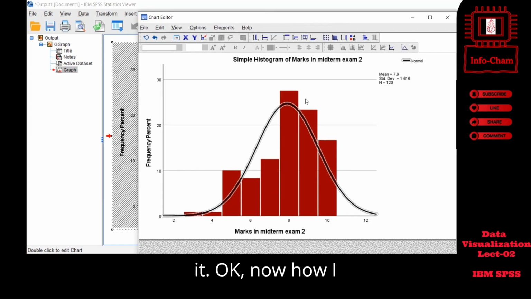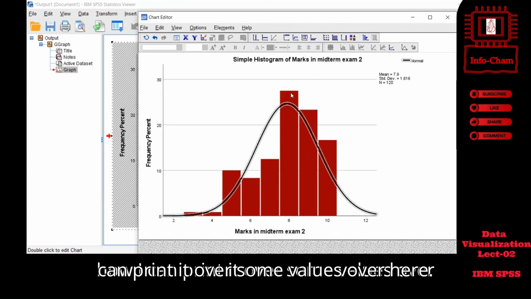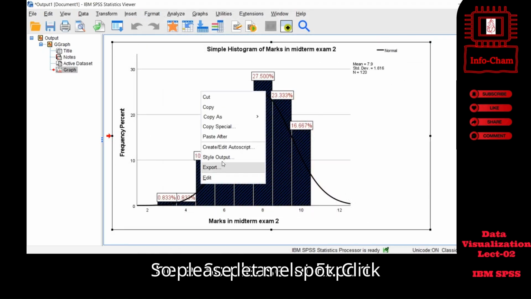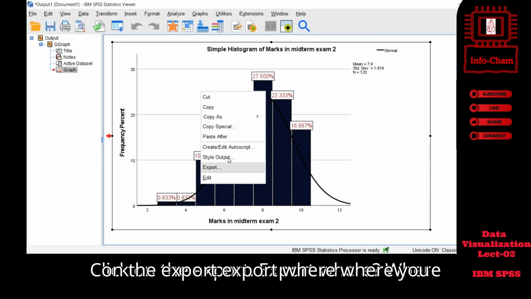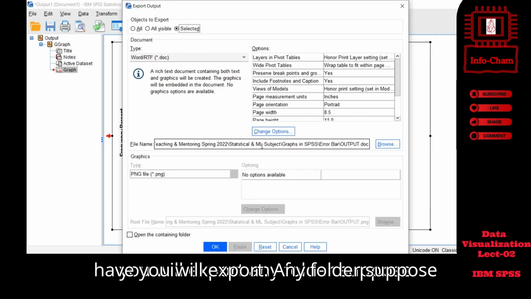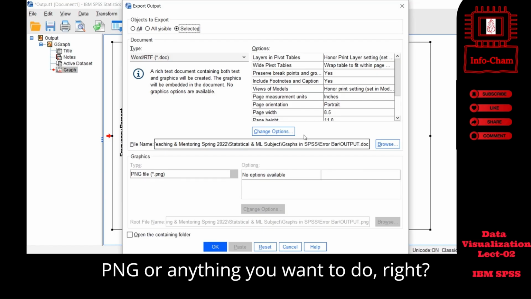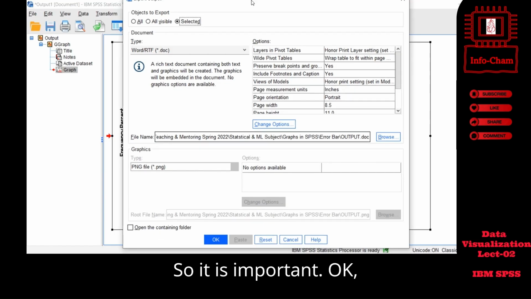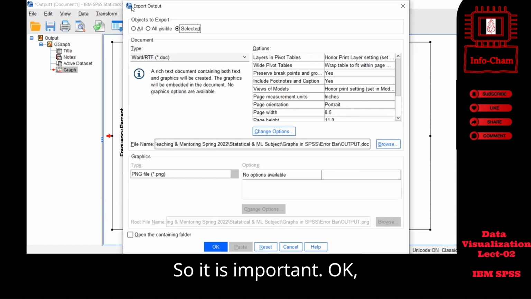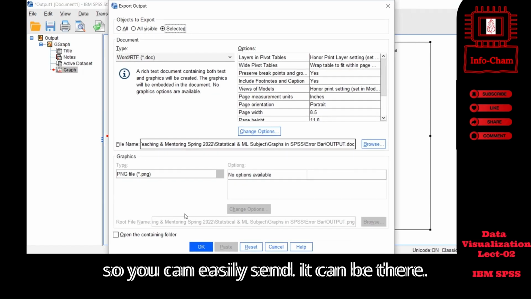Now how can I export it? So please let me export. Click on export, and choose which folder you will export to. Suppose here you want to choose the type, you can use PNG or anything you want. So it is important, so you can easily send it.